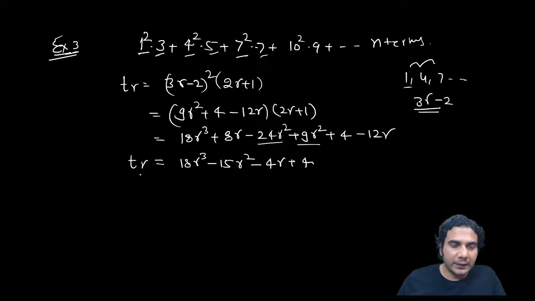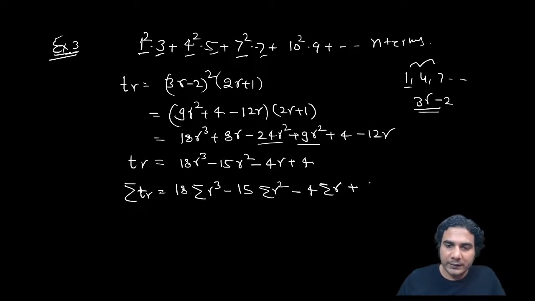So there is TR, and sigma TR is nothing but 18 times sigma R cube minus 15 times sigma of R square minus 4 times sigma of R plus 4 times sigma of 1.